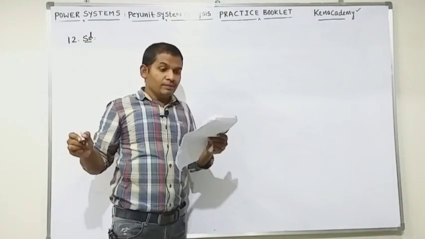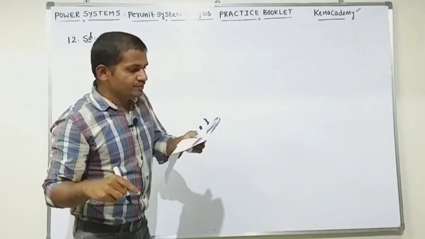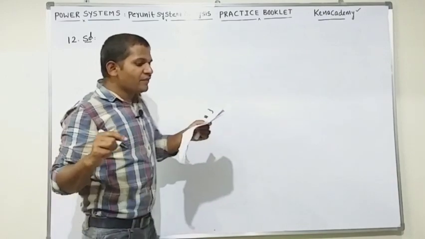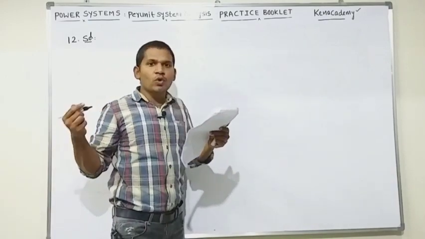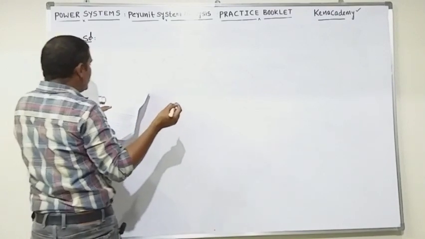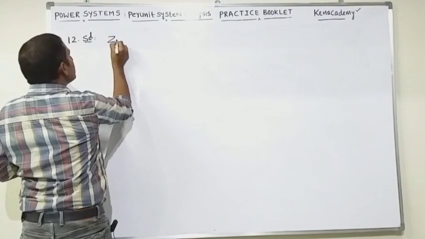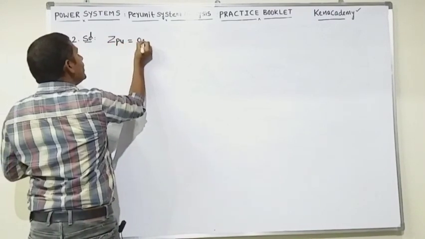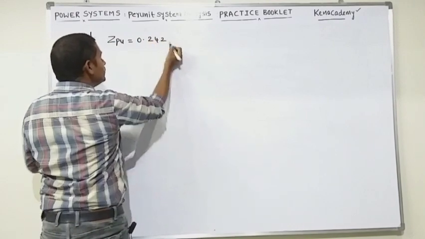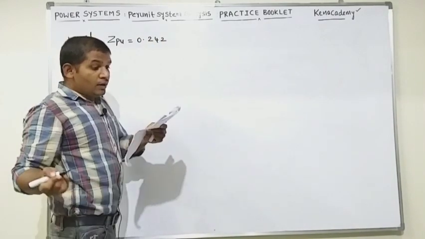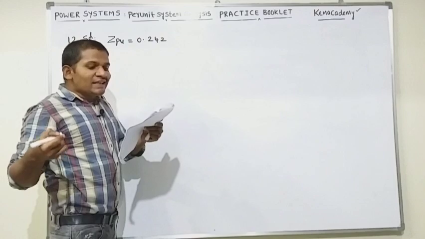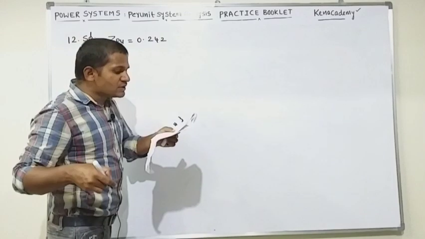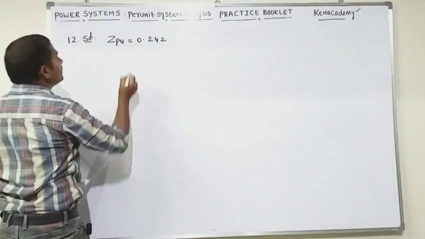This was asked in ESC 1997. The per unit impedance of a synchronous machine is 0.242. If the base voltage is increased by 1.1 times, the per unit value will be?